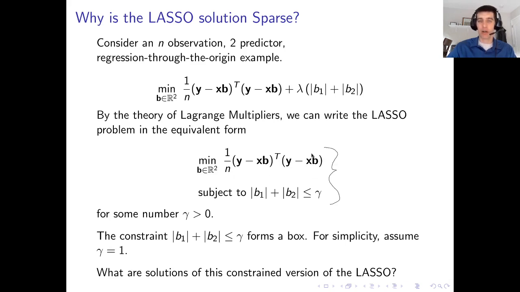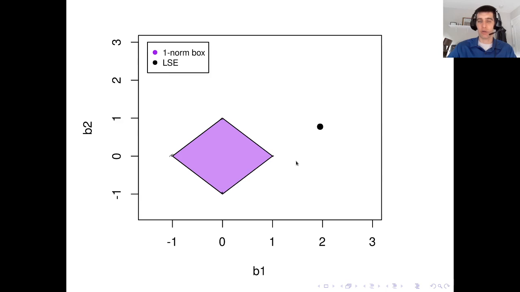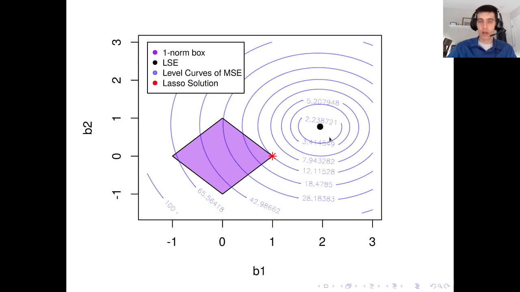Then I can draw a curve, which is all the b values which allow this mean squared error to take the value which is slightly above the value taken for the least squares estimator. So if I draw some level curves, okay, I see that the minimum mean squared error is 2.23.